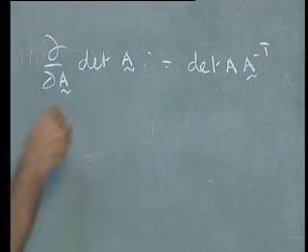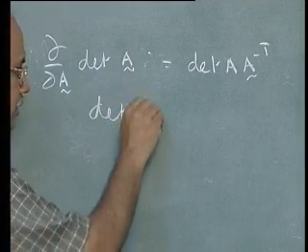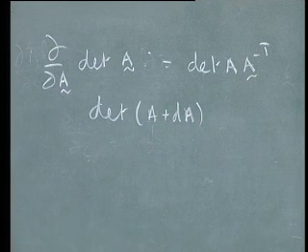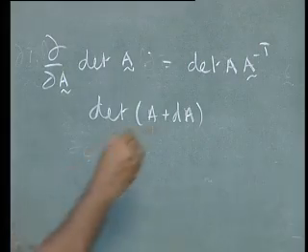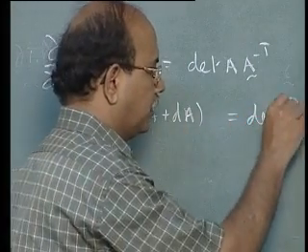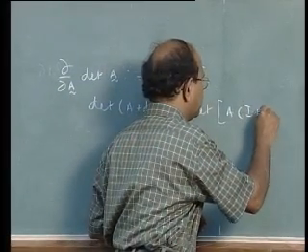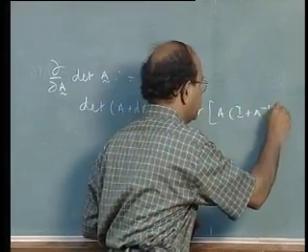To start with, this is a very standard procedure actually. Let's say determinant of A plus dA can be written as determinant of A into I plus A inverse dA.